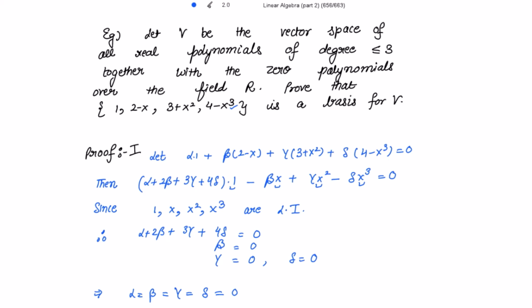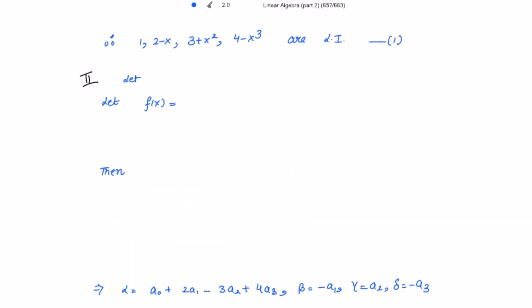So all these scalars are 0, which means the given polynomials are linearly independent. So 1, 2 minus x, 3 plus x square, 4 minus x cube are linearly independent because the linear combination with alpha, beta, gamma, delta equal to 0 implies that alpha, beta, gamma, delta come out to be 0.